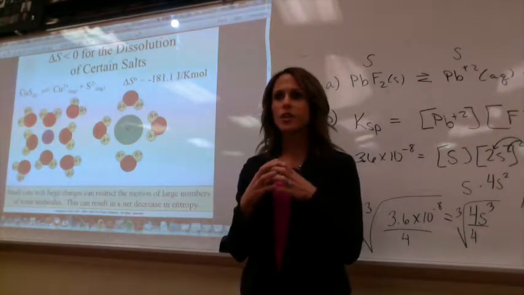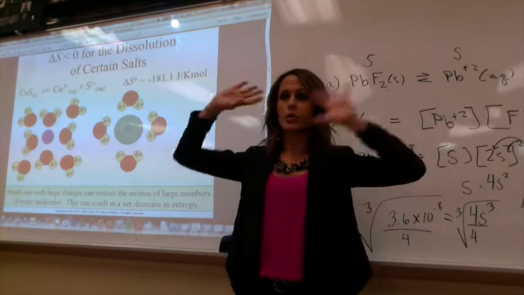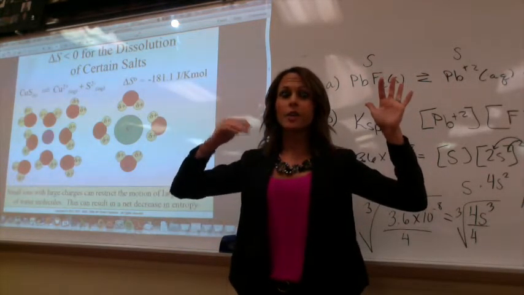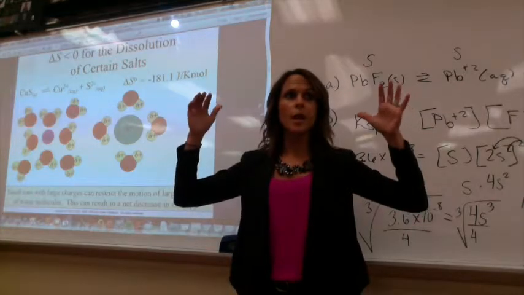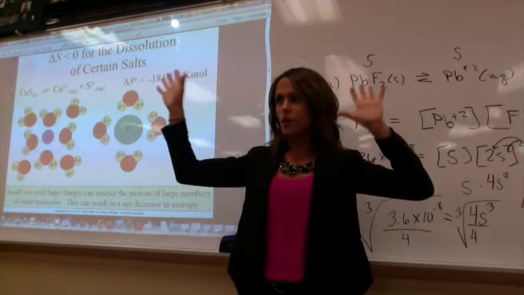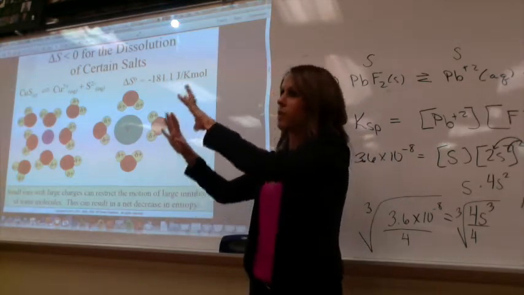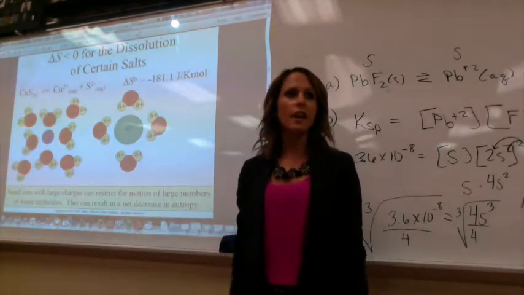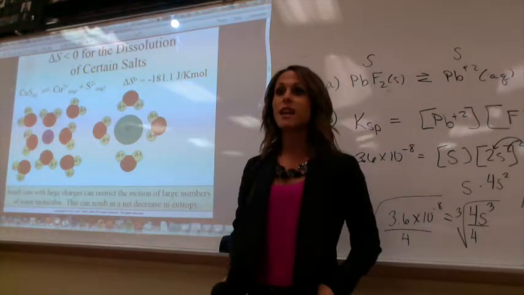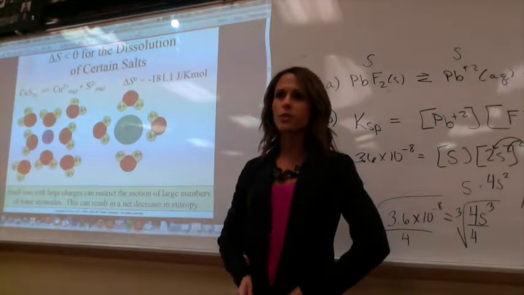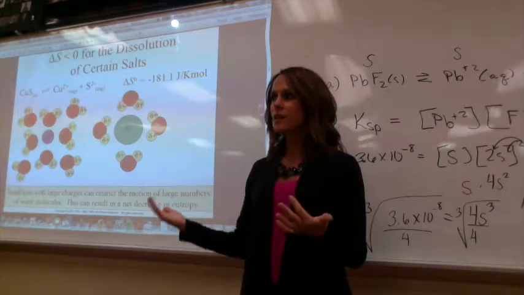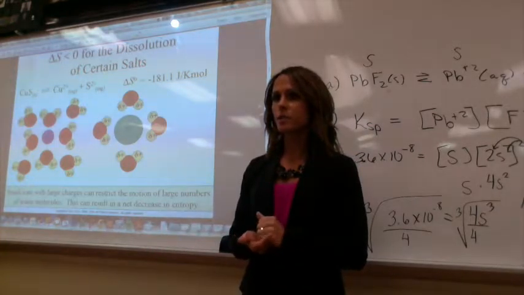The water molecules have their own disorder. The copper 2 ion goes in, which is favorable for entropy, but it starts dragging the water molecules. So they're going around like this, but then all of a sudden now they're attached to it and they're slowly moving around in the solution. So the overall net entropy change is negative because the water molecules slowing down outweighed the positive entropy of the ions being formed in the solution.